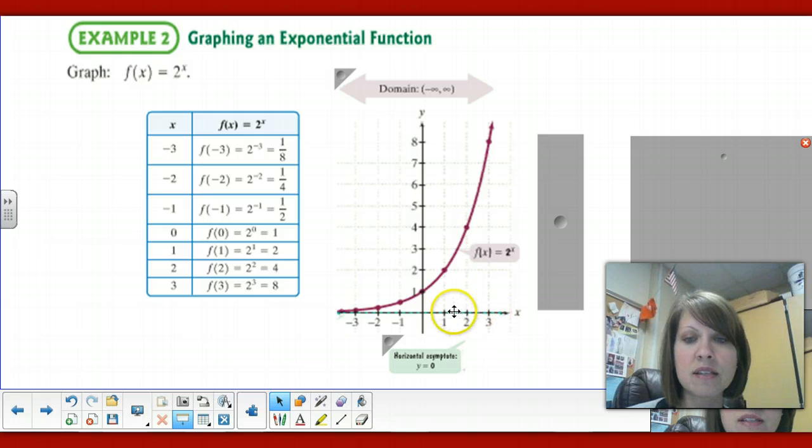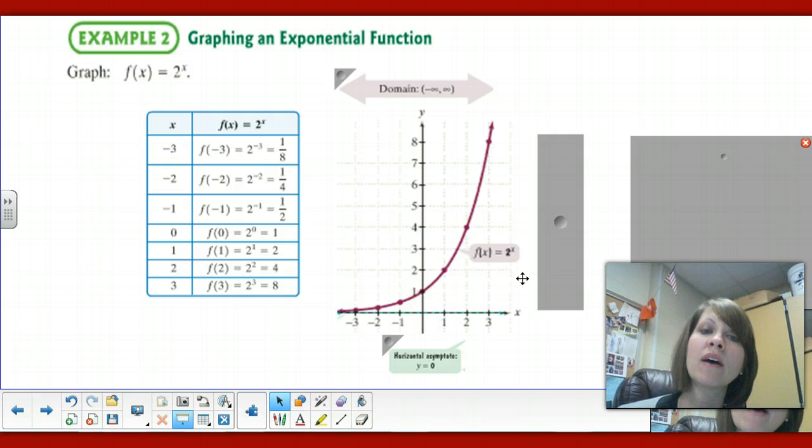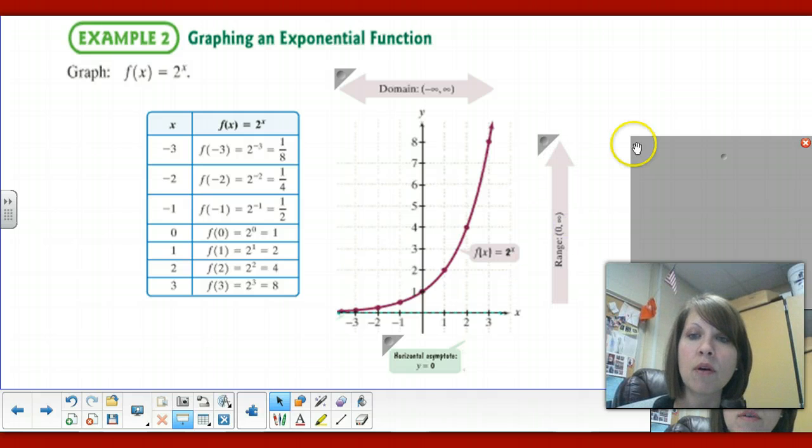This horizontal asymptote, the graph curves down and levels off at or toward y equals 0. So all of our range is going to be the y values above 0, which we could say y greater than 0, or you can see there the interval from 0 to infinity.